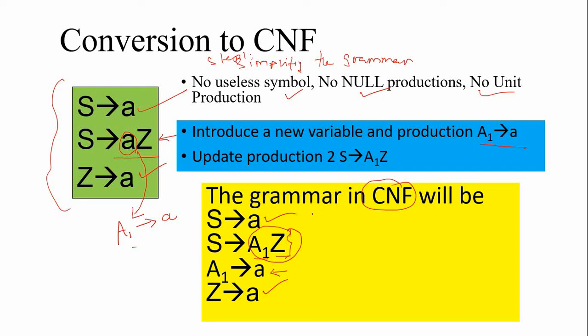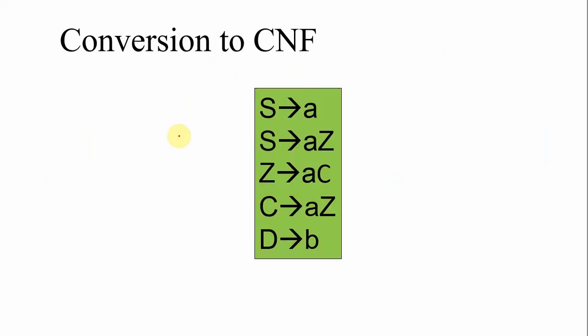That is the property of Chomsky normal form, one terminal or two variables. So this is how we can find the equivalent CNF of a given CFG. First step is to simplify the grammar. Then for terminals we will be introducing new variables if it is this case. That is example number 1 for you, where the grammar is already reduced.